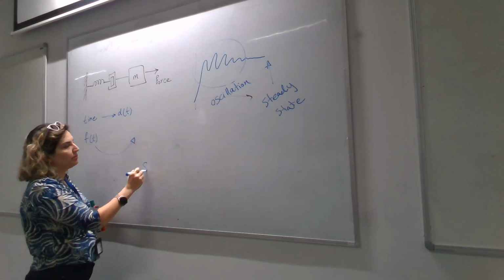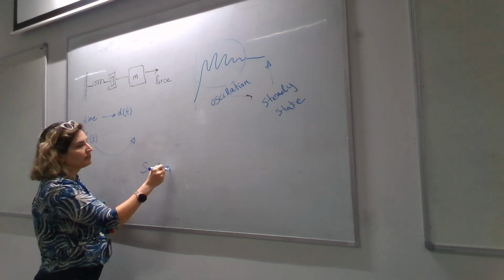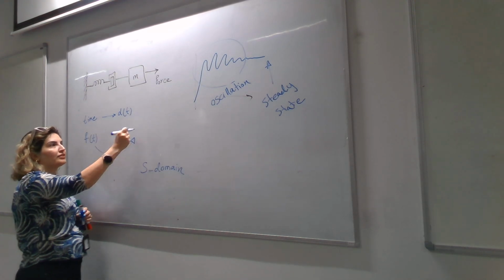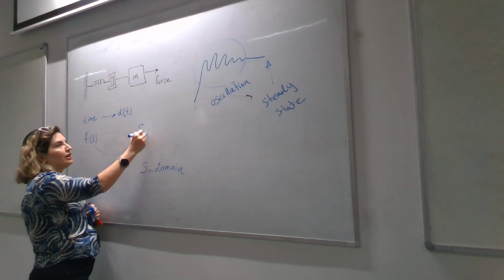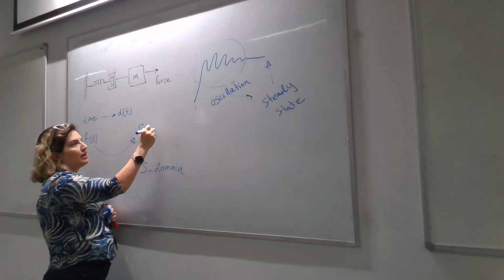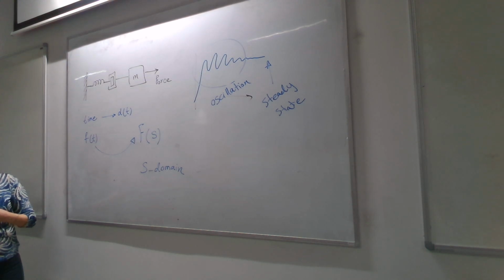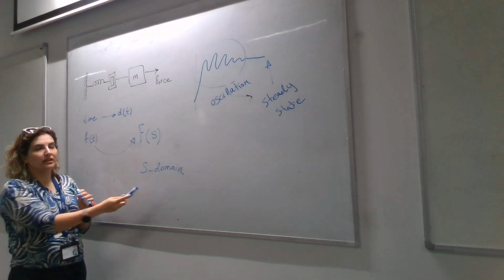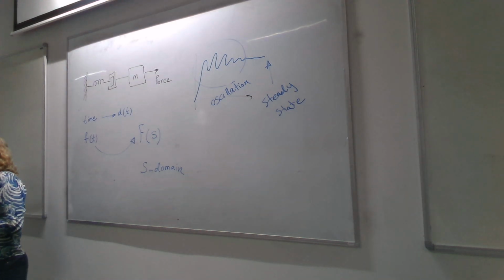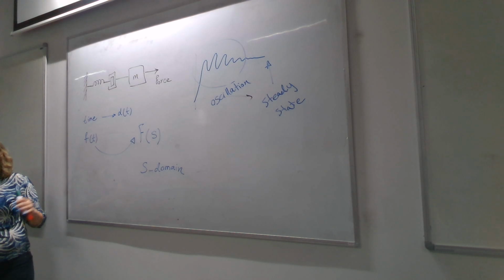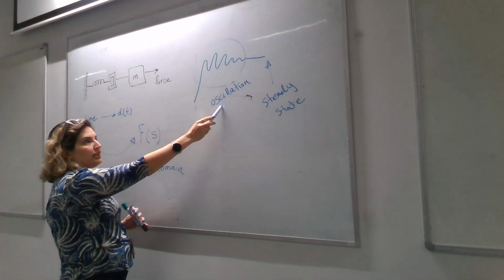We call it S domain. So what happens in S domain, we have capital F for our function, and we are going to use S variable. So this S variable is going to show what's happening in S domain. This S domain has that imaginary part involved, which is looking at the oscillation.